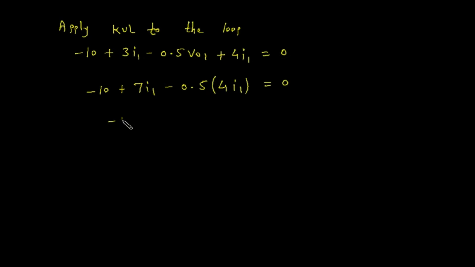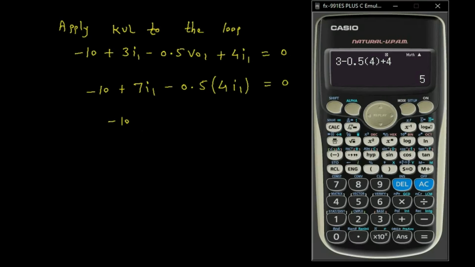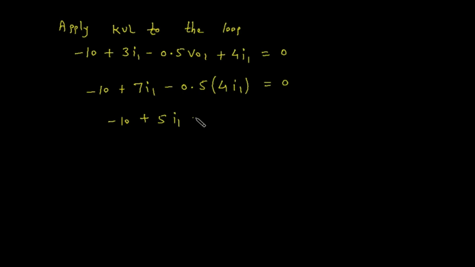So this will be minus 10, 7 minus 0.5 into 4. So 5 plus 5 I1 is equal to 0. So 5 I1 is equal to 10. Therefore, I1 is equal to 2 ampere.